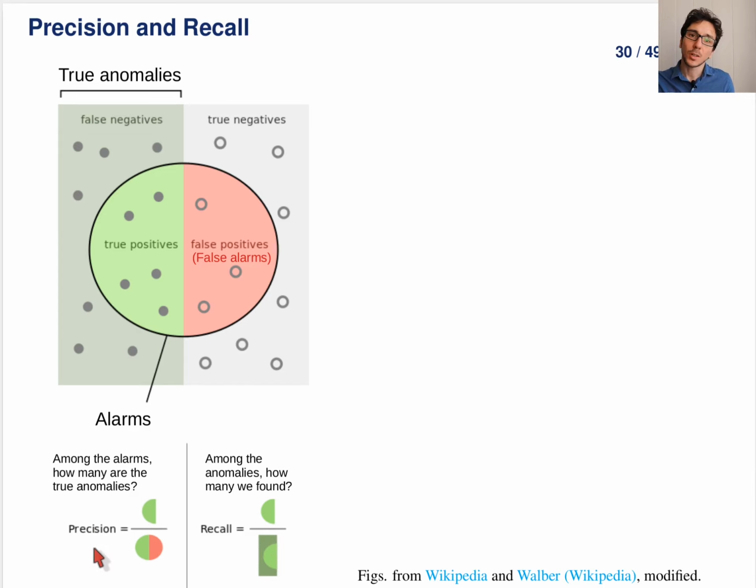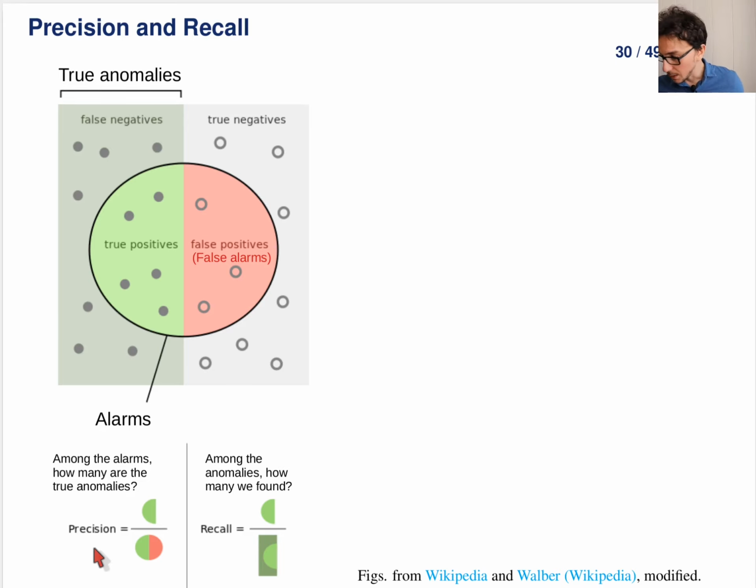And precision is important because if you are a system administrator and you receive a lot of alarms, every time you have to check what is going on, what is the event that raised an alarm, you will waste a lot of time. So if most of these alarms are false alarms, you will just waste your time checking for anomalies that don't exist.